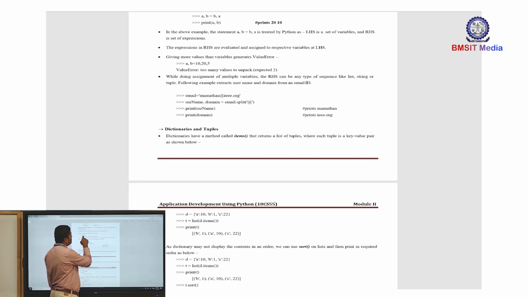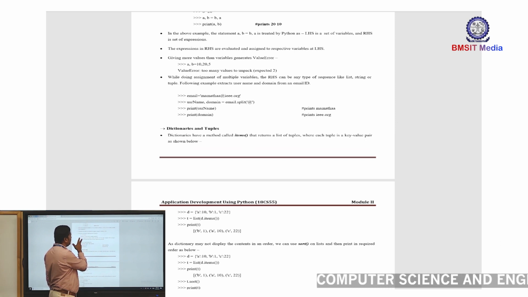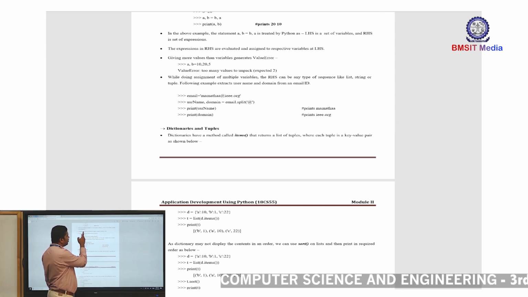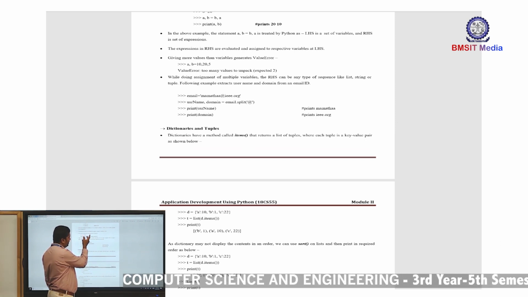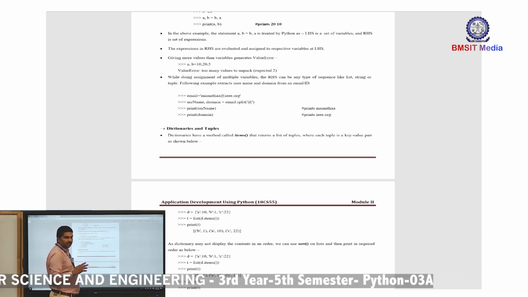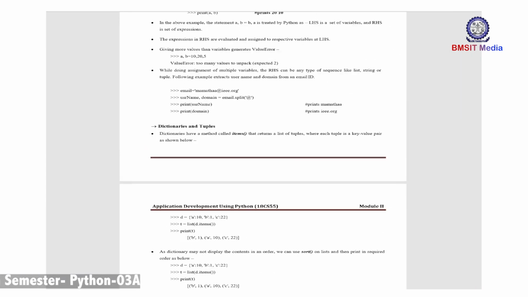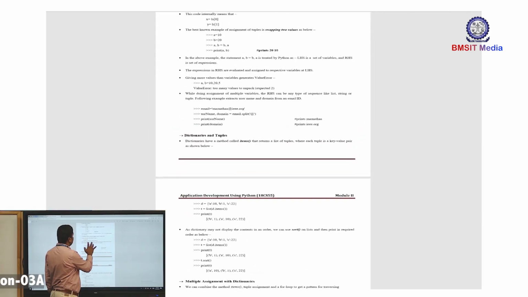Okay. Now suppose I use it like this, what is happening here? There is a mismatch in the number of values in the right hand side and the number of variables in the left hand side. In the left hand side, if you observe, there are only two variables, right? But in the right hand side, I have 10, 20, 5. That means 3 values. So what happens here?